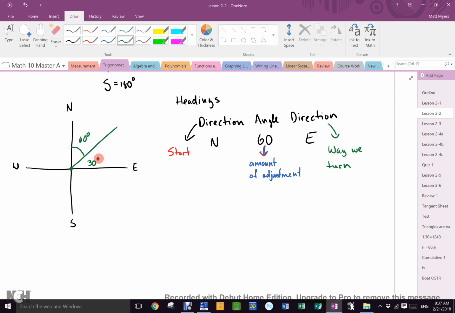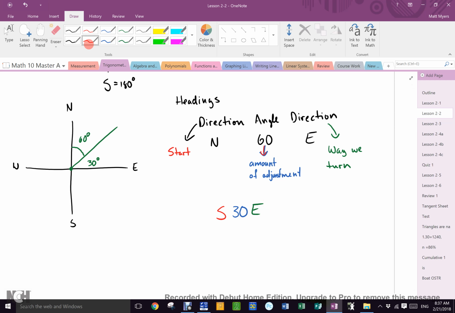Yeah? Try one. I'm going to walk south 30 east. Where would that line be? What direction do I start in? Would it help if I drew the three things in three different colors? Would that help people?